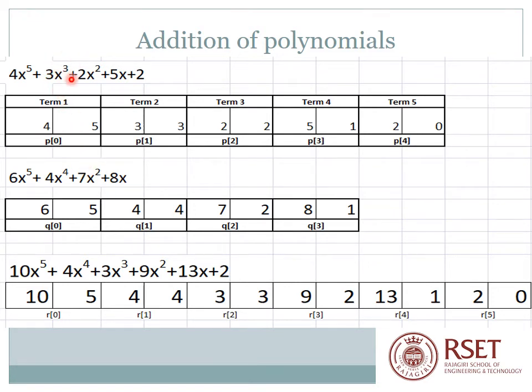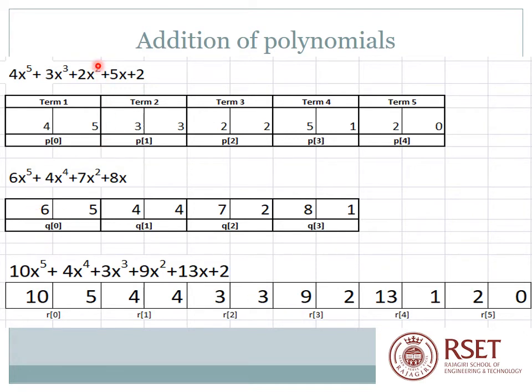So you are interested in the highest exponent term. So you will be copying that highest exponent term to the resultant polynomial. And you will be advancing the index variable of the first polynomial. Since you have manipulated with this array and the resultant polynomial, you will be advancing the index variable to point to 2x square. Here it remains the same. And here also the index advances so that it points to the next position.